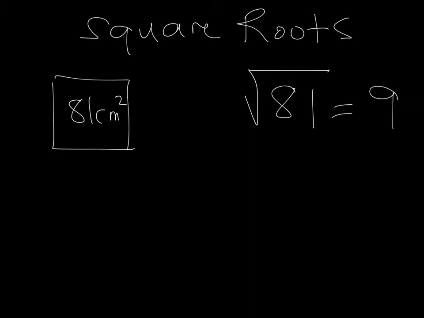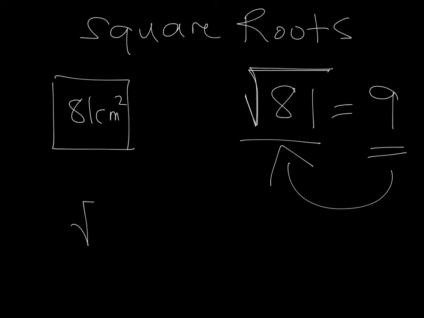It means that when we use this little symbol on the calculator, we're going to find out what a number multiplied by itself is that's going to give us this big number here. On the calculator, there are a few different things depending on the calculator that you have. Some calculators, you would press the square root button, and then you would press the number that you want to square root.